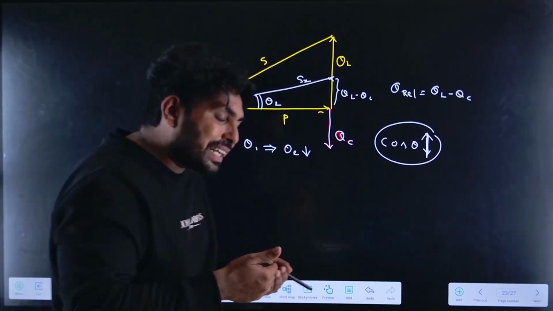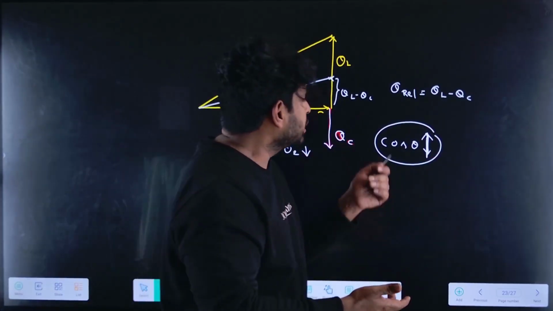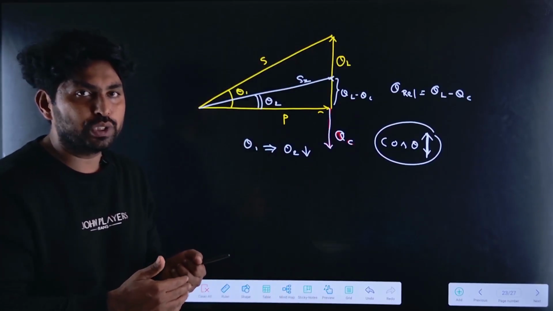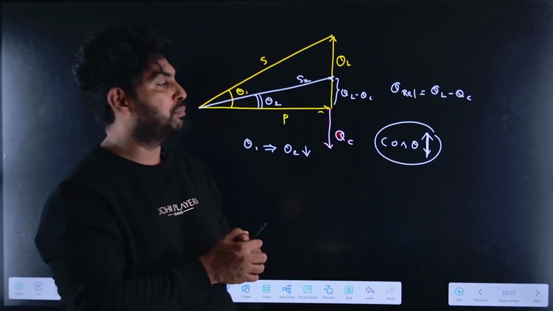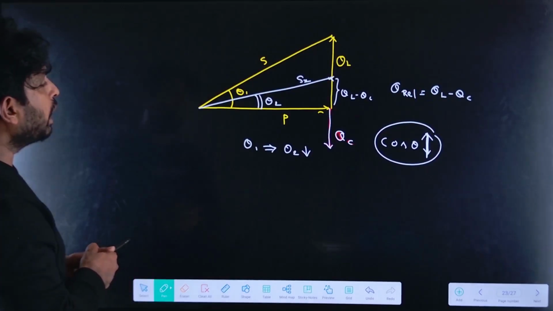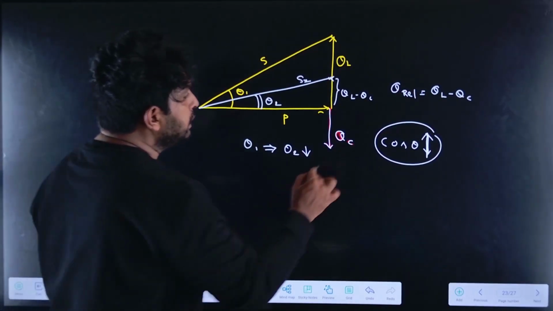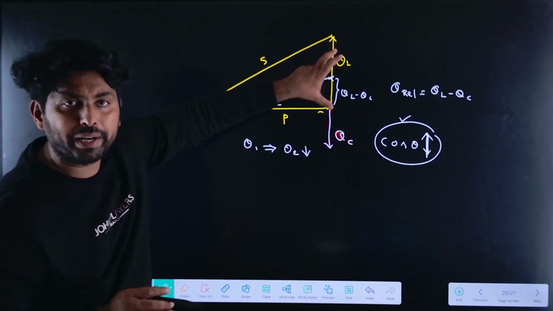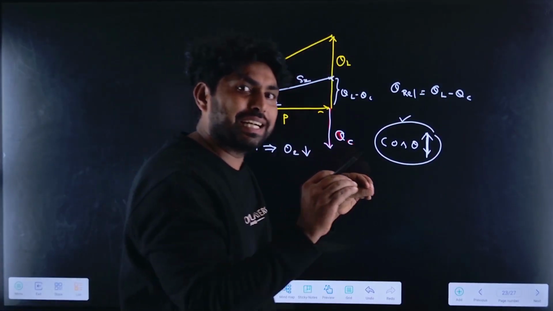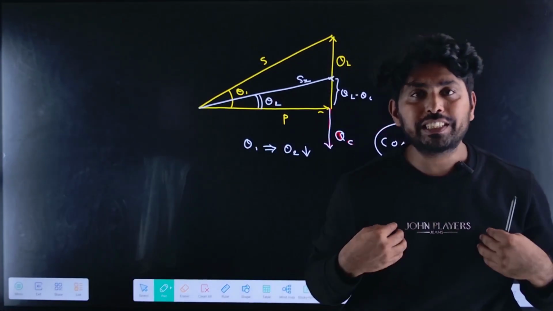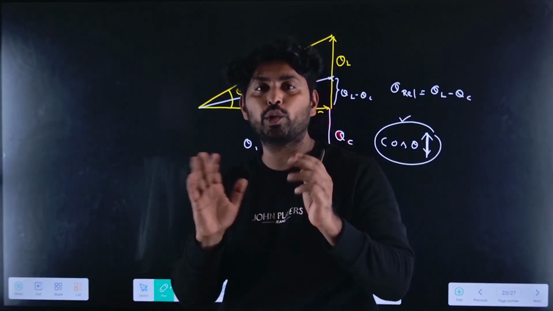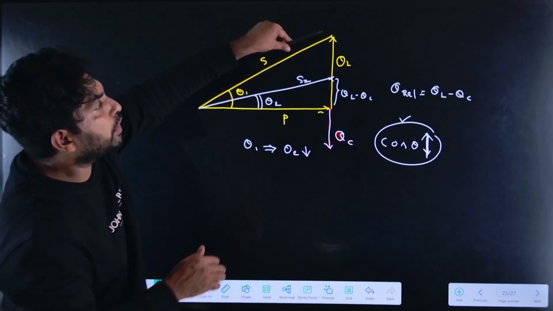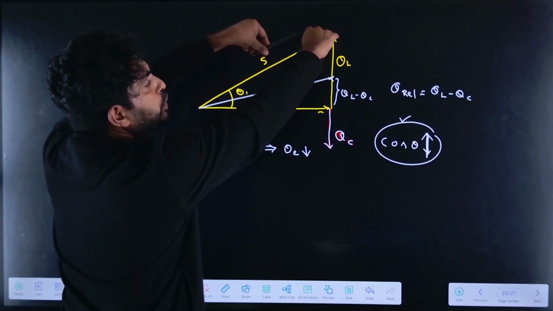If the angle in the cosine term reduces, the power factor improves. Initially it is operating at a lagging power factor because it is connected as a lagging reactive power. Now I just want to operate this at unity power factor. What is the unity power factor? I have to bring this QL down to 0.